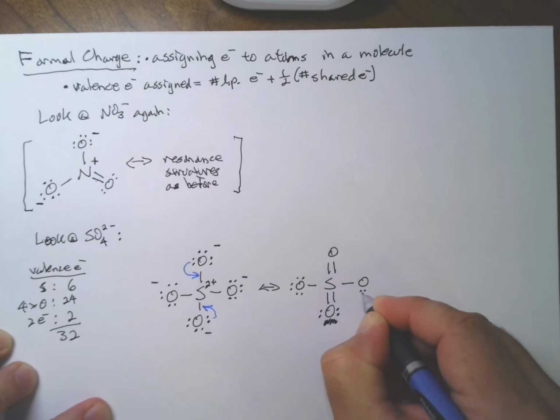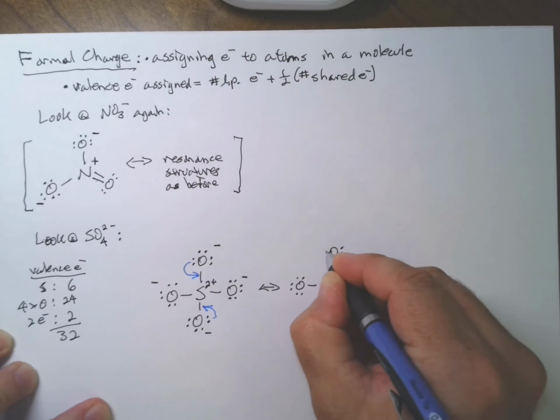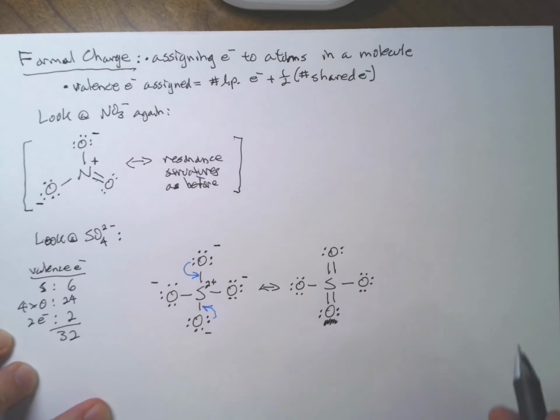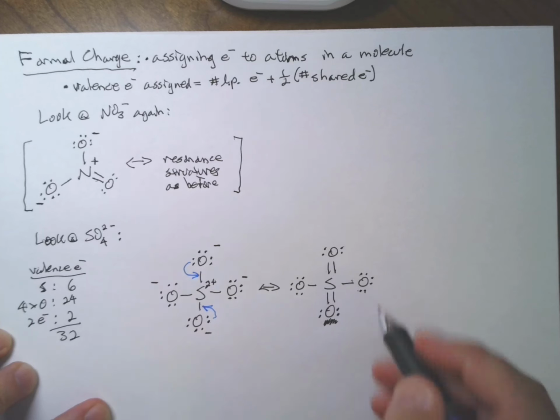Whoopsie, too many electrons around that guy. Sorry about that. So now I have two oxygens that have 1, 2, 3, 4, 5, 6, 7 electrons.